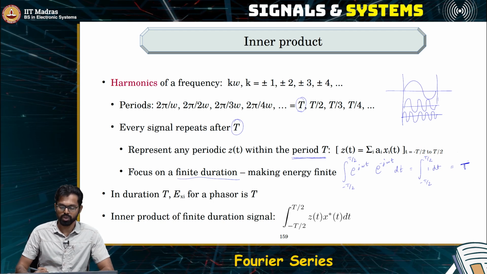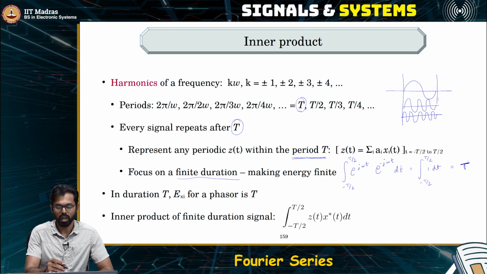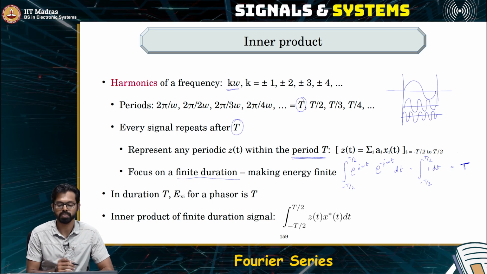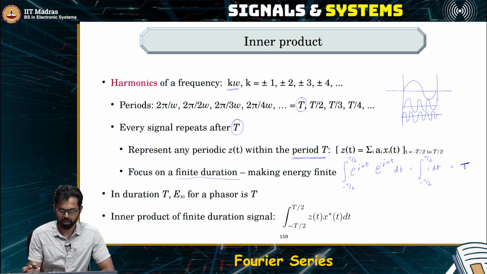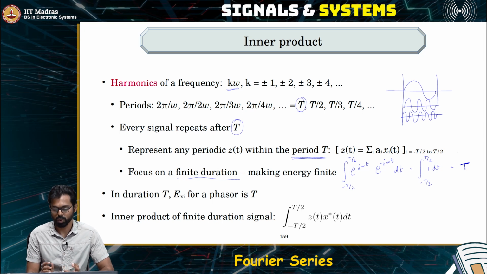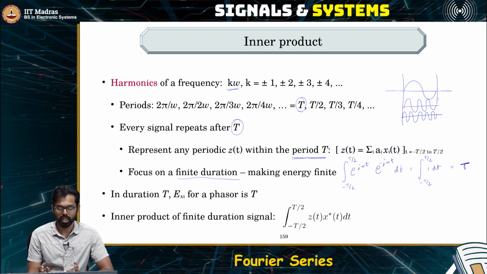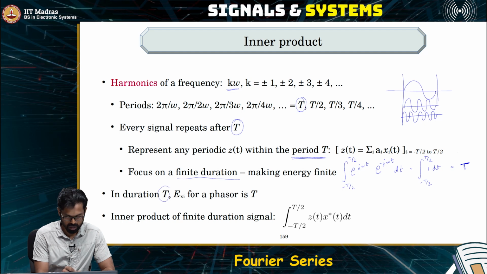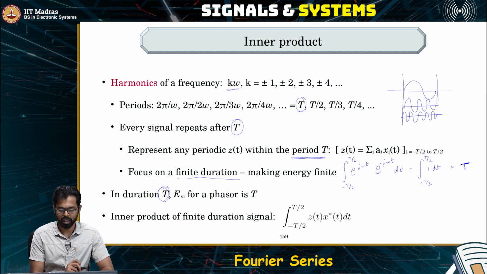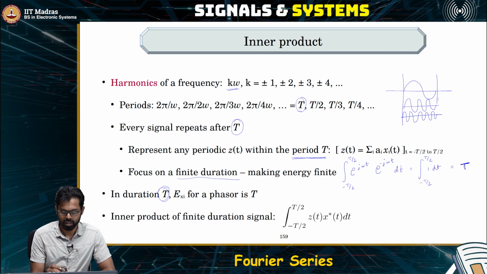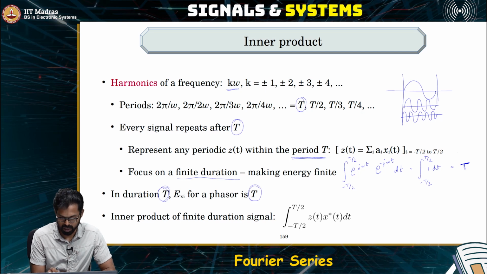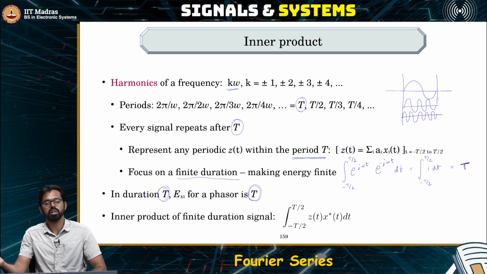So when you choose your phasors to be harmonics of the fundamental frequency, the inner product is now going to be computed within a finite duration, and that duration is the fundamental period, and in that period the inner product is always capital T. So we have solved both the problems.